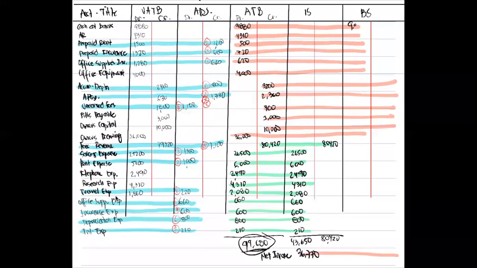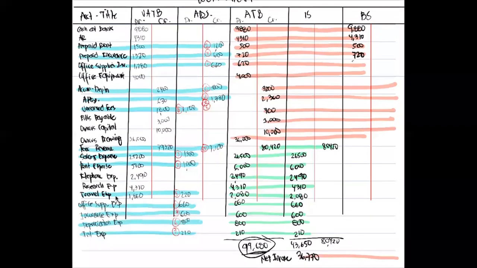So we have your 9,880 for cash. AR, we have 4,310. 500 for prepaid rent, 720 for prepaid insurance, 620 for office supplies inventory, and then we have your office equipment of 4,000, and then we have your accumulated depreciation, which is 3,200, 2,360 for accounts payable, 700 for unearned fees.